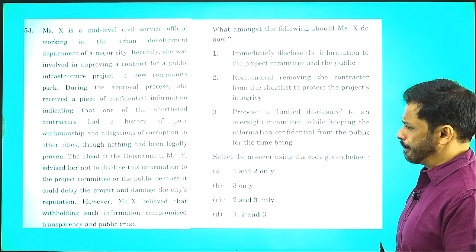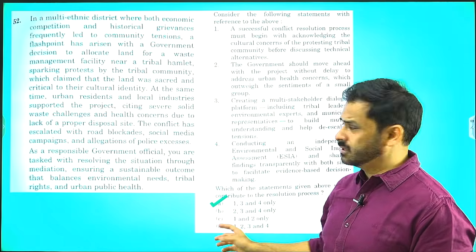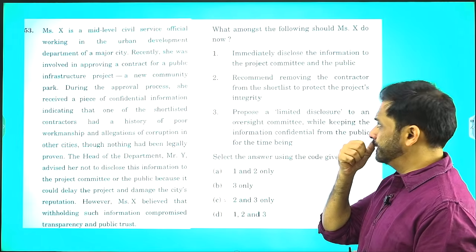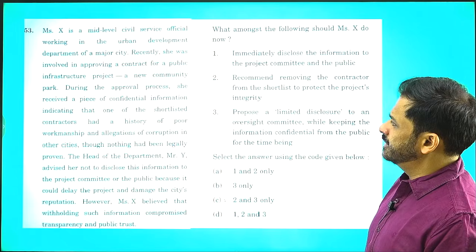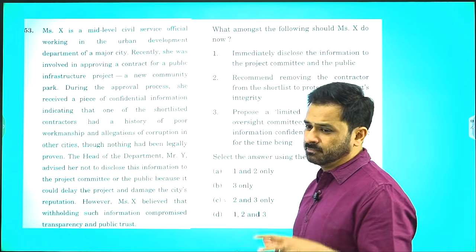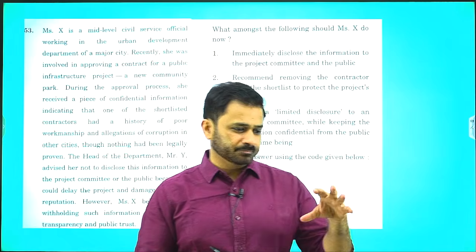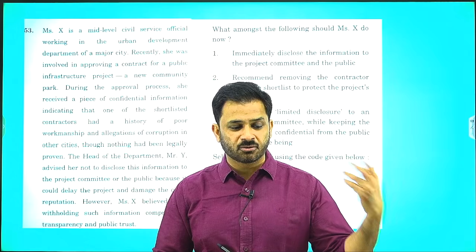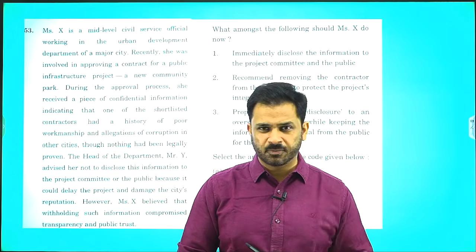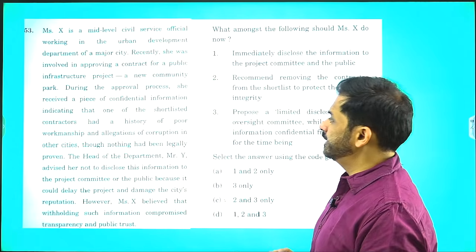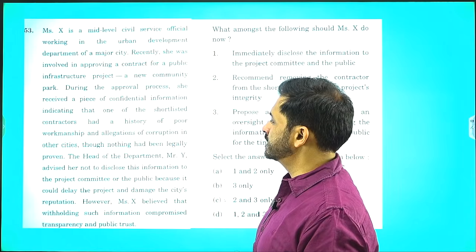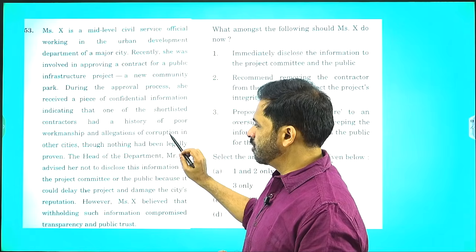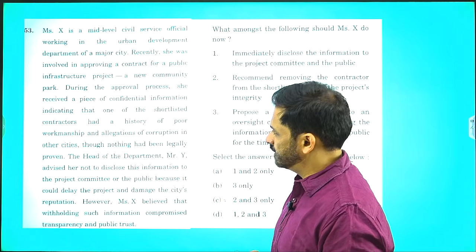Next one is a commonsensical thing, so anyone could just think and answer this, because this is an extreme step which has been taken here. This is related to a project wherein a particular officer knows that the project is to be given to one of a number of people who have filed their bid, in which there is a particular company or contractor who has a poor work record, poor workmanship and allegations of corruption.